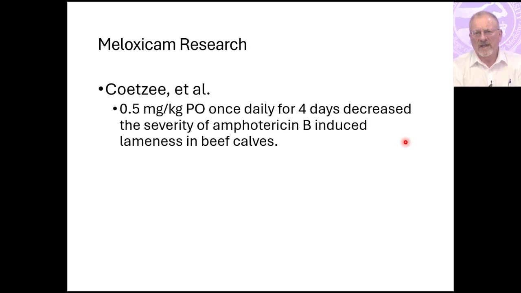Amphotericin B-induced lameness in beef calves, 4-day decrease in signs after 0.5 mg per kg PO once daily for 4 days. A lot of work done on it. What we're left with looking at is flunixin is approved for cattle, not only food animals, but for cattle. It has an established milk and slaughter withdrawal time in cattle.